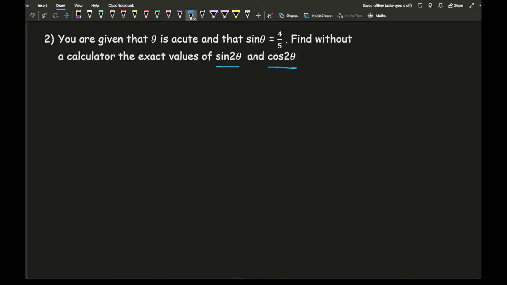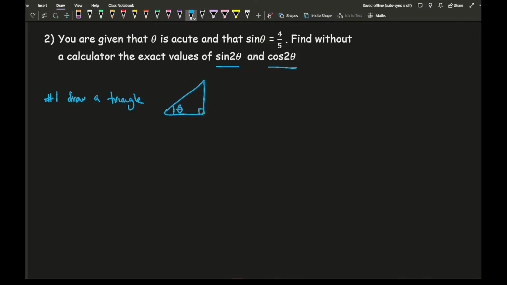So for this, what we need to do to start off with is draw a triangle. Drawing my triangle, where I've got my theta, and I know that sine theta equals 4 over 5, and it's acute, so it's going to be a right angle.